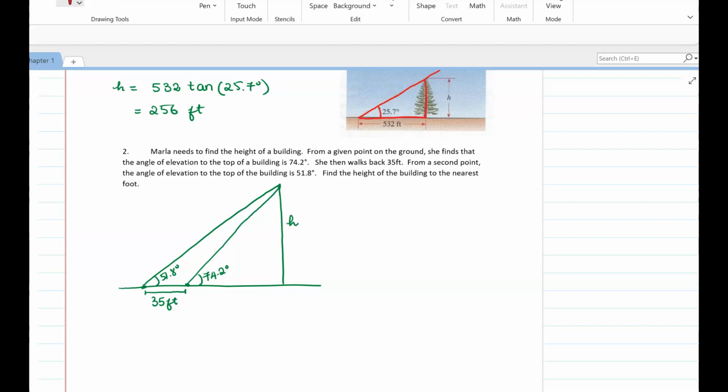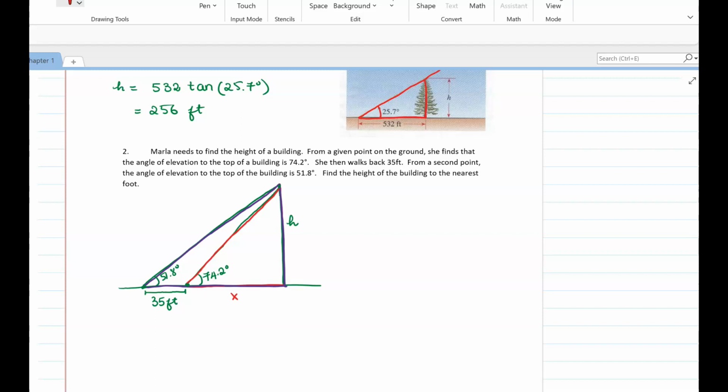You can see here we have two triangles involved: this small triangle and the bigger triangle here. We want to use tangent to figure out the height of the building. In the small triangle, we have one angle that is 74.2 degrees and we don't know the height of the building, h. Let the distance from the first point to the base of the building be x.